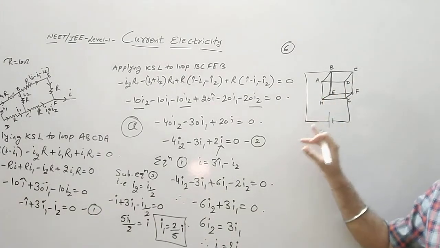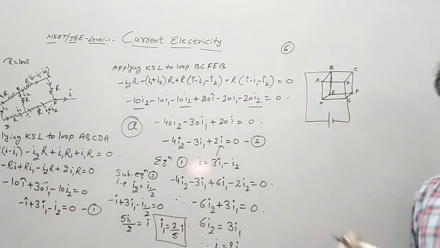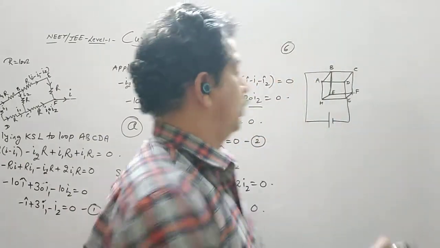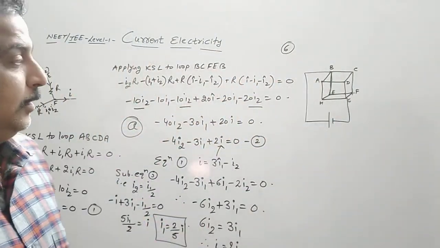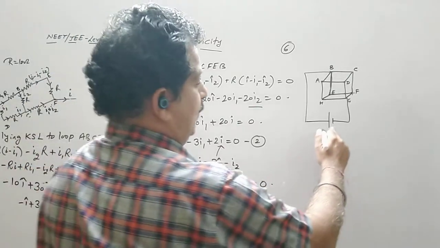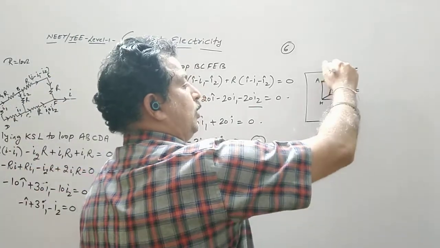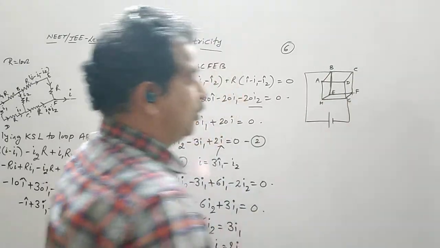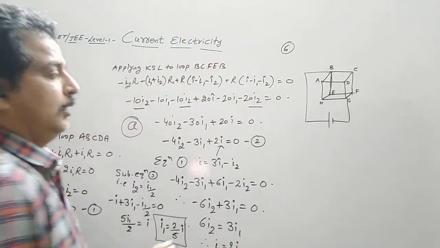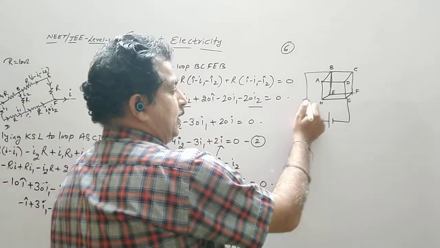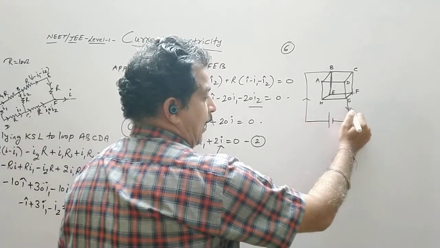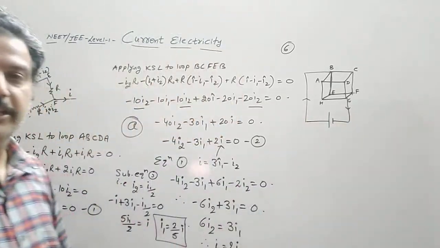So it is left as an exercise, but let us do the calculation, the distribution of the current. Now see, the battery is connected between the two ends which are the diagonal of a cube. So input current is taken as per our convenience.